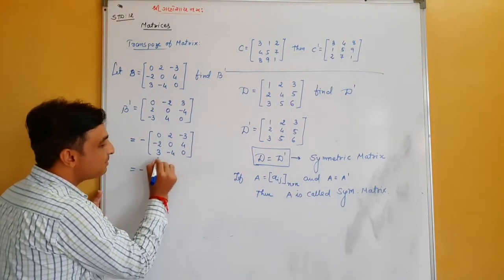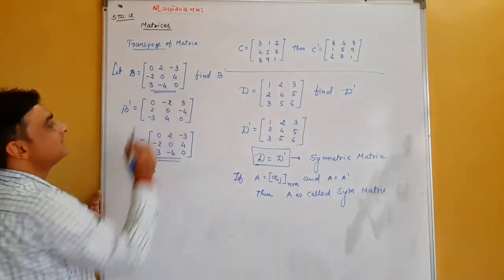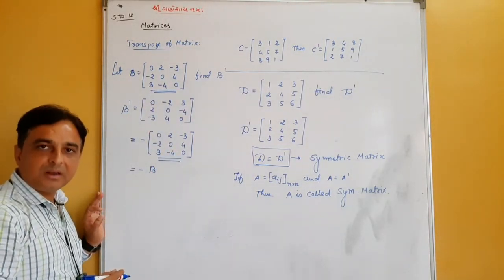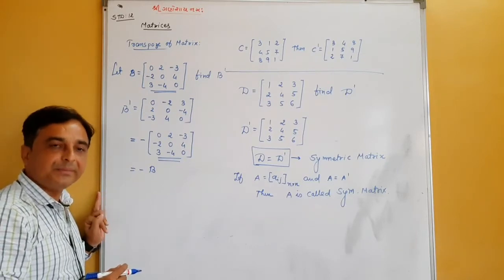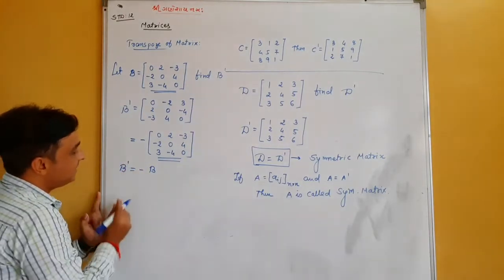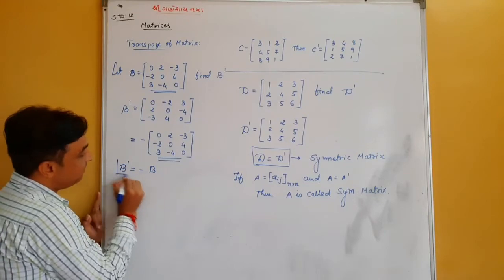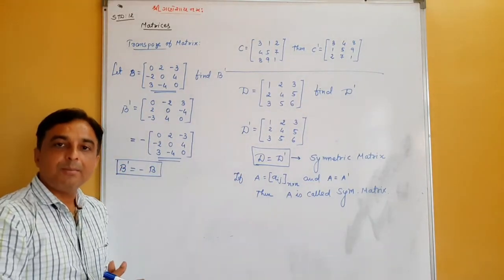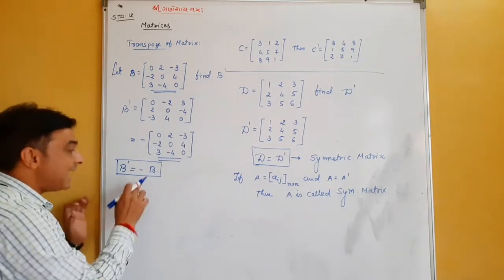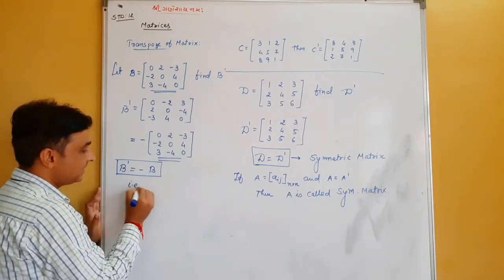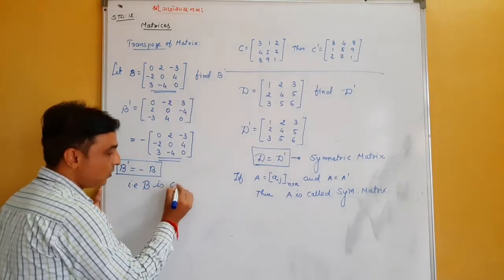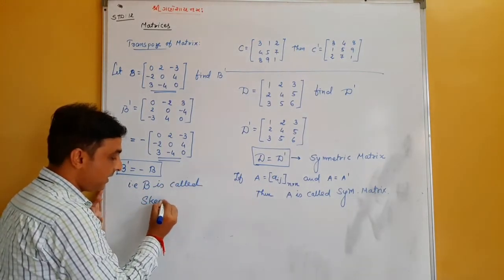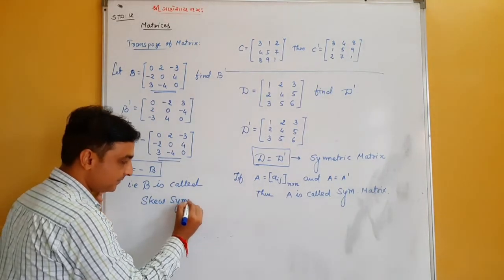Now this is B. After taking the minus sign common, we get a matrix B. That means B dash equal to minus B. So this type of matrix B is called a skew symmetric matrix.